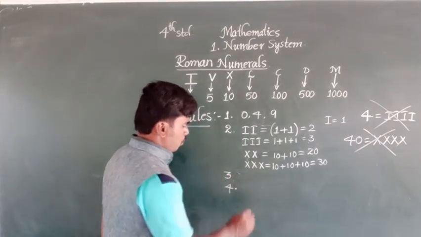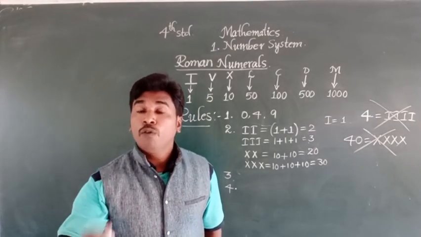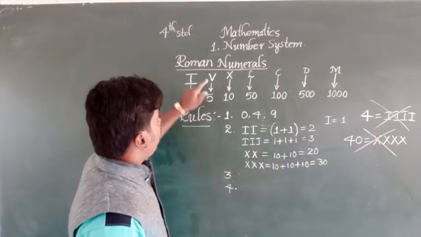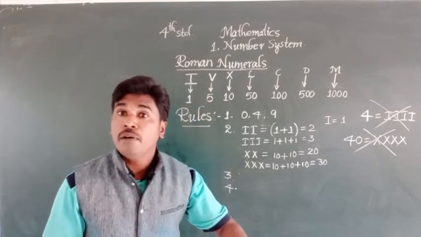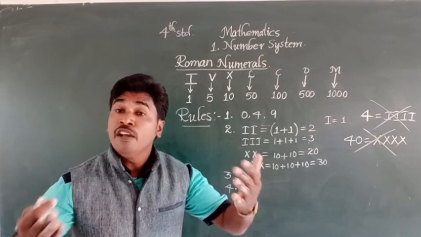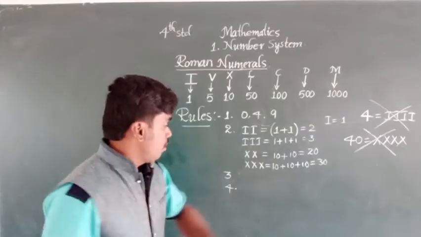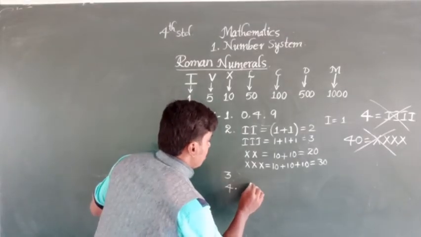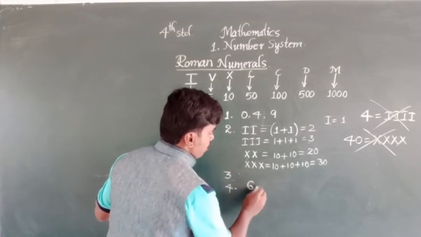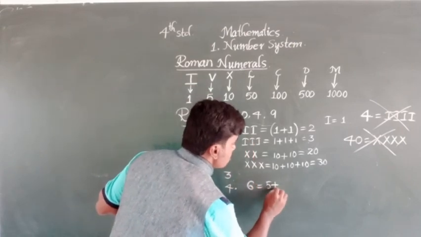Come to the fourth rule. It says that any greater number followed by a smaller number, you should add it. For example, take the number 6. Can you write 6 in the form of 5 plus 1?